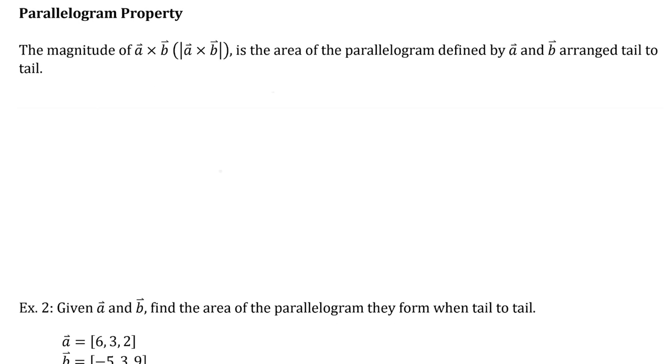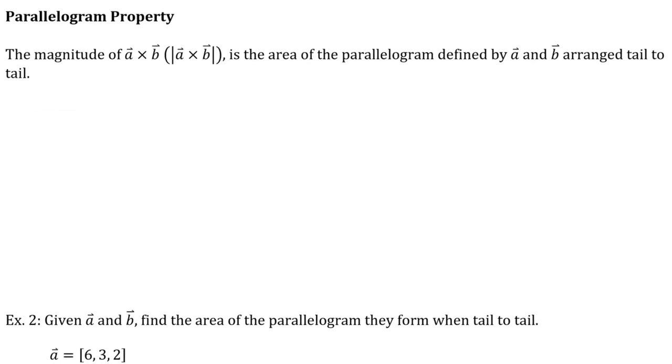So this is a new property that we didn't talk about, the parallelogram property. This is the property of the cross product. And so the magnitude of A cross B turns out is equal to the area of the parallelogram that's defined by vectors A and B when they're arranged tail to tail. So what exactly does that mean? Well, if I have two vectors, so I'm going to do vector A like this and vector B like this, okay? And let's label.